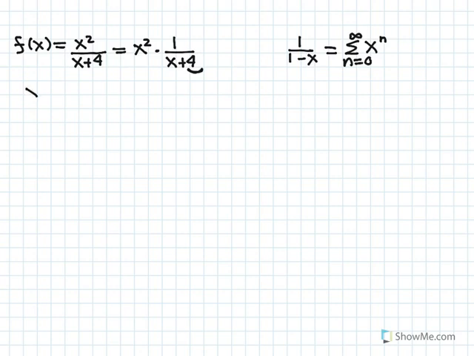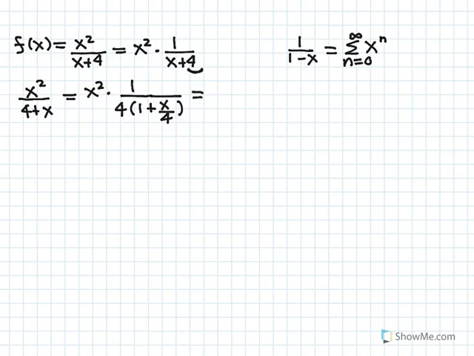So let's rewrite x squared divided by 4 plus x. This is equal to x squared times 1 over, factoring the 4 out from the denominator, 4 times 1 plus x over 4.